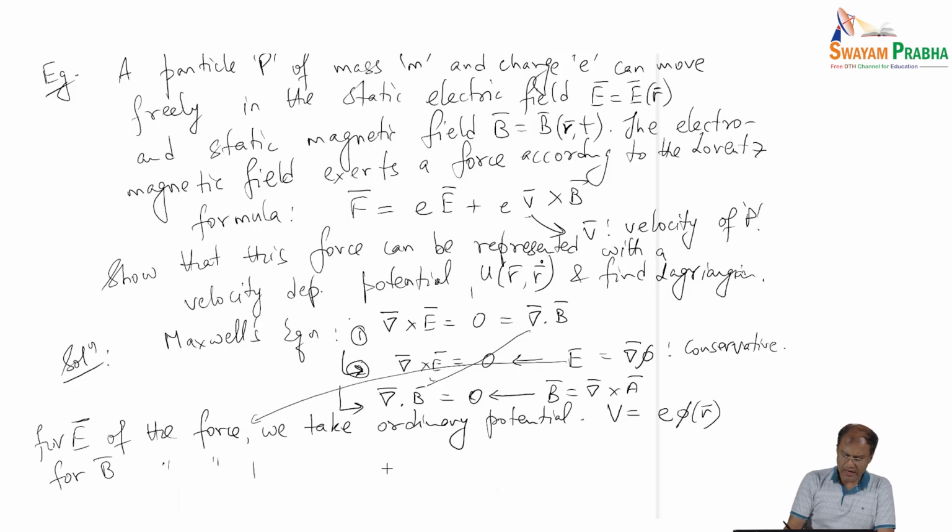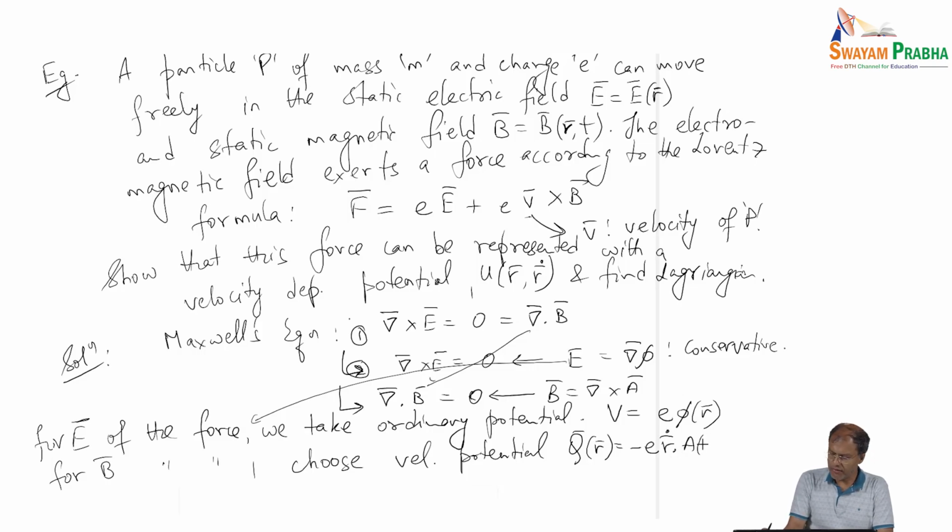So the magnetic part is we choose the velocity potential as Q of R equal to minus E times R dot with A of R. Right? So what is A of R?